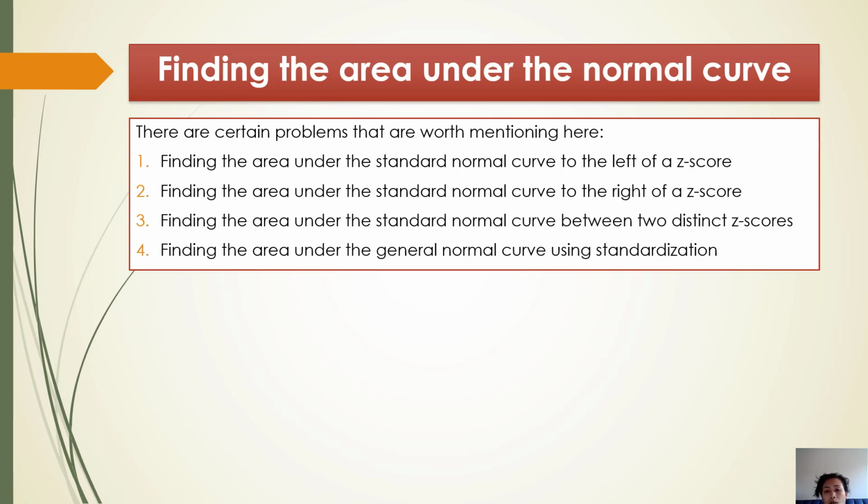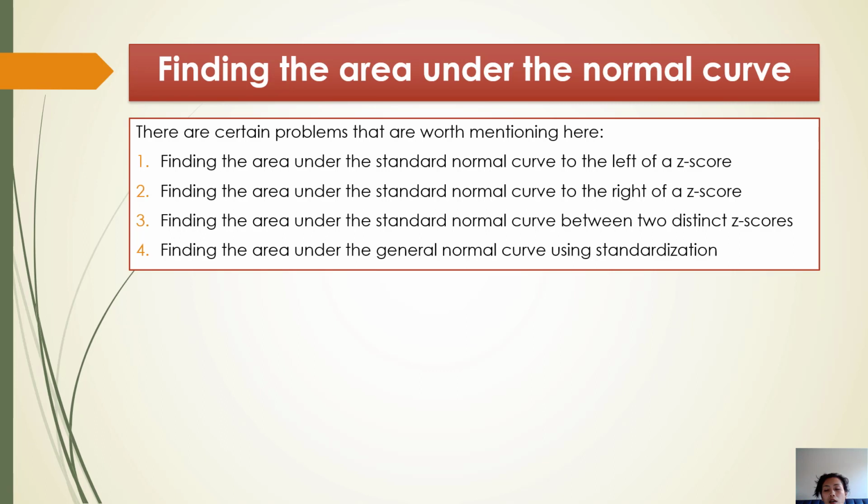Sometimes on the exam, your instructor or professor might not allow you to use a graphing calculator or statistical calculators like the TI-83 or TI-84. So the safest way to deal with these types of questions is to know how to find the answer using the z-score table.